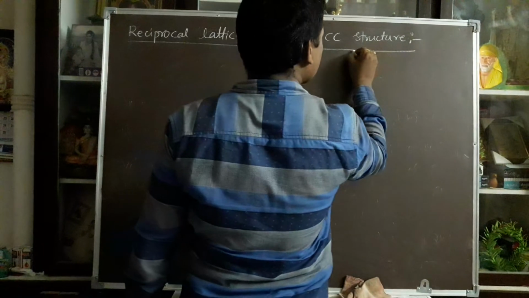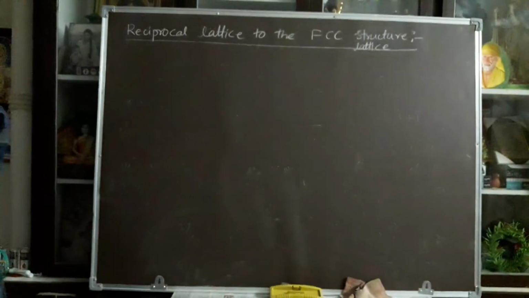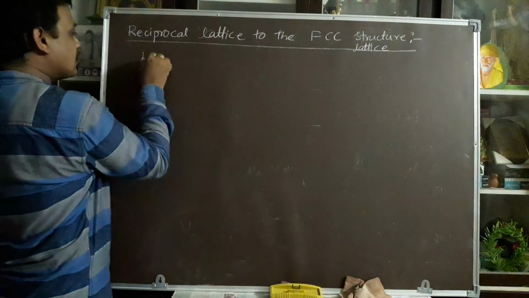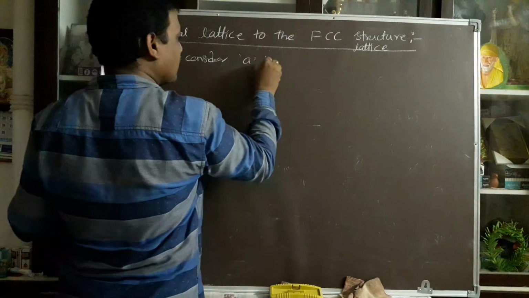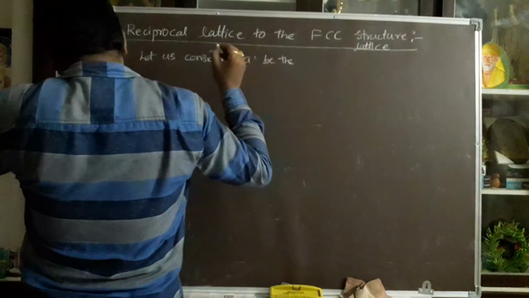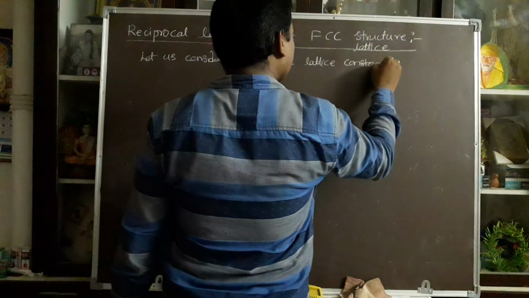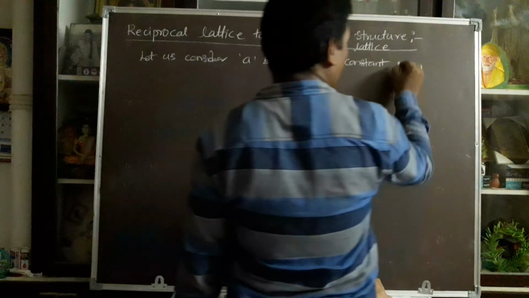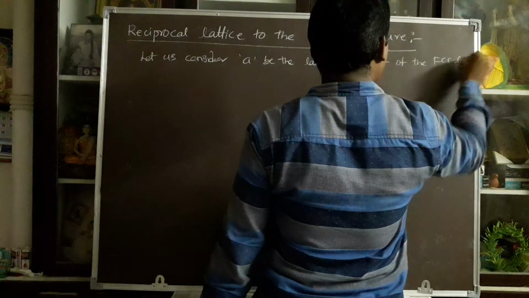FCC structure, sometimes you can take as FCC lattice. For this, let us consider small a to be the lattice constant of the FCC lattice unit cell.